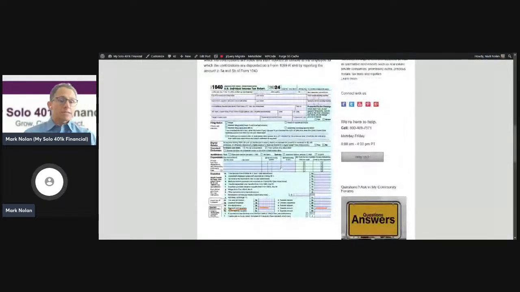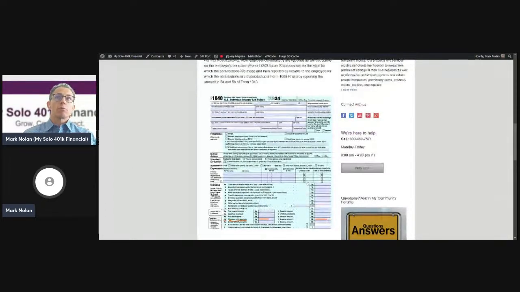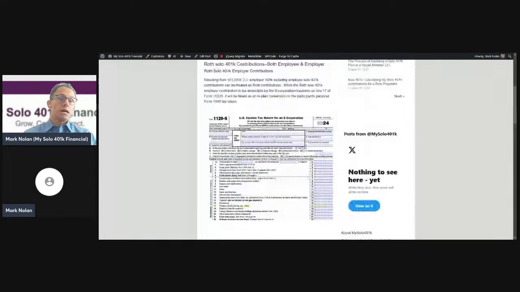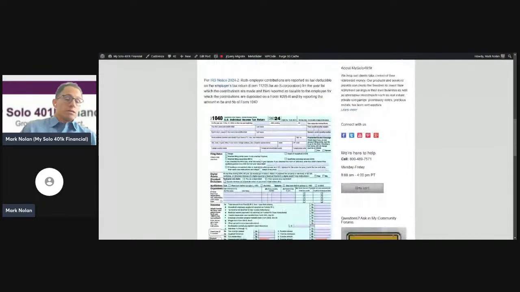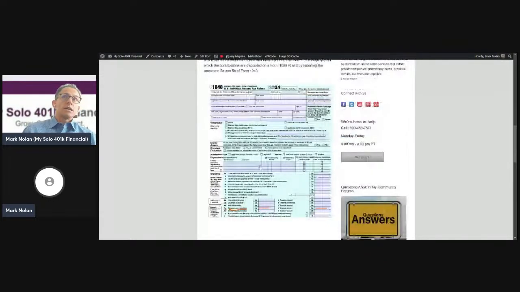So it's going to be taxable on the participant's personal tax return, which is Form 1040. So yeah, it's kind of quirky because the corporation gets a deduction on the 1120S for that employer Roth solo 401k contribution, but the participant, aka the taxpayer, is going to have to pay taxes on that $25,000 because it's going to have to be treated as an in-plan Roth conversion.